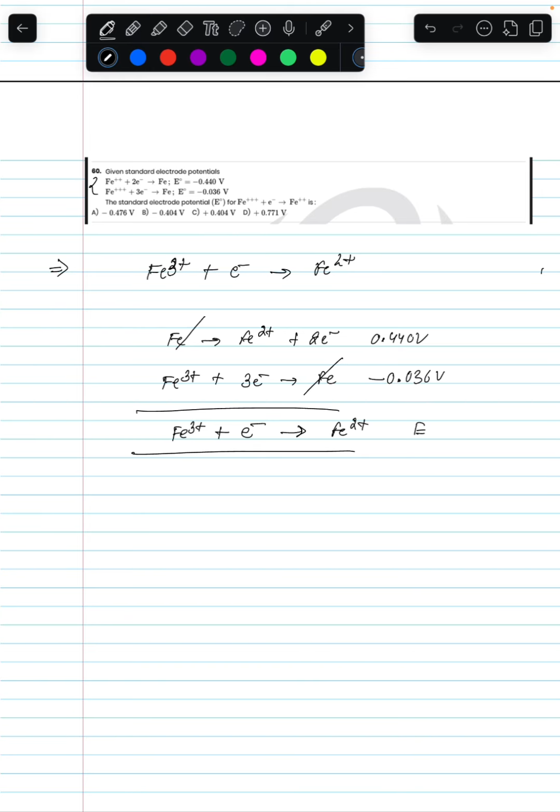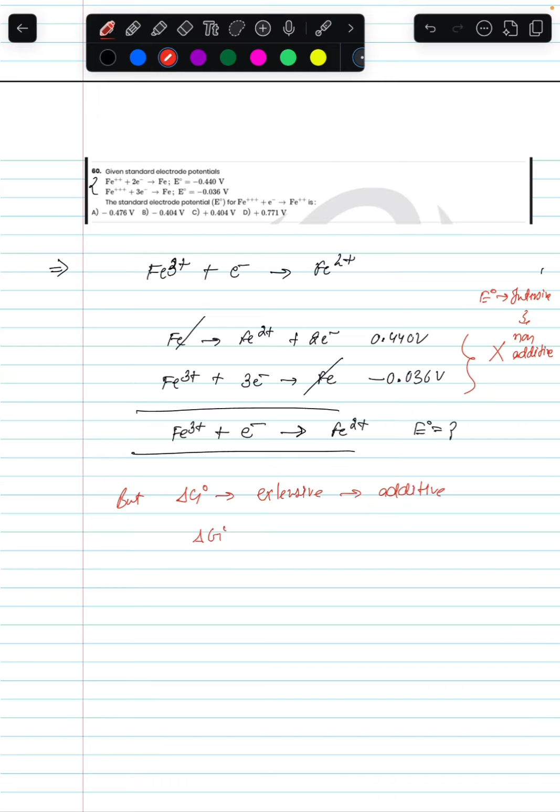We have to calculate E naught of this reaction, but we can't add both values directly, because E naught cell is an intensive property, and intensive properties are non-additive. But we know delta G naught is an extensive property, and extensive properties are additive.